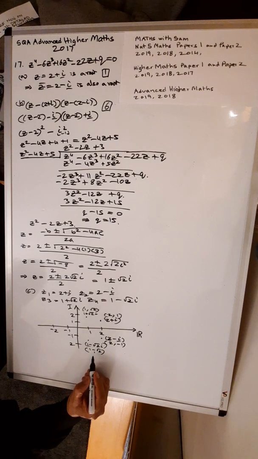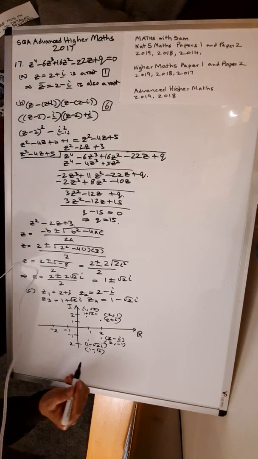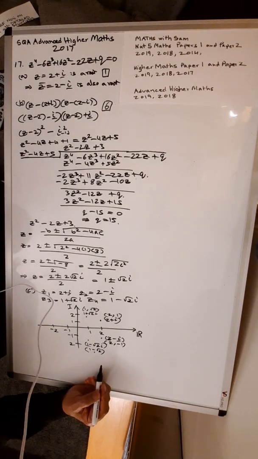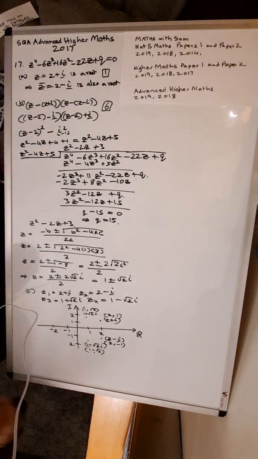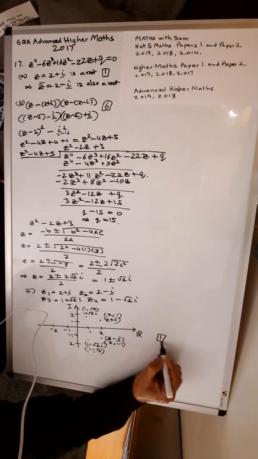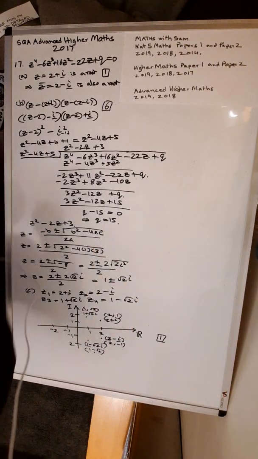So that's your 4 roots on an Argand diagram. This last bit is only for 1 mark, so most of your marks are in B. That's number 17.